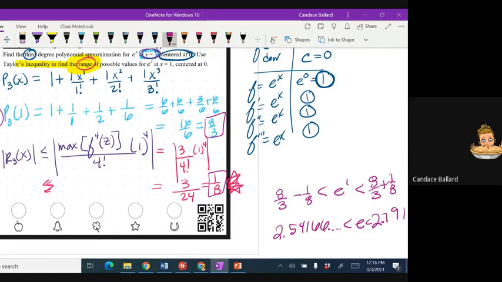Okay. Go ahead, Natalie. What's your question? For when we were trying to, how did you get 8 divided by 3, how did you get 16 divided by 6? How did I get 16 divided by 6? Because 6 plus 6 is 12, and then 12 plus 3 is 15. 15 plus 6 is 21. What did I do? You changed the 1/6 to 6 over 6.